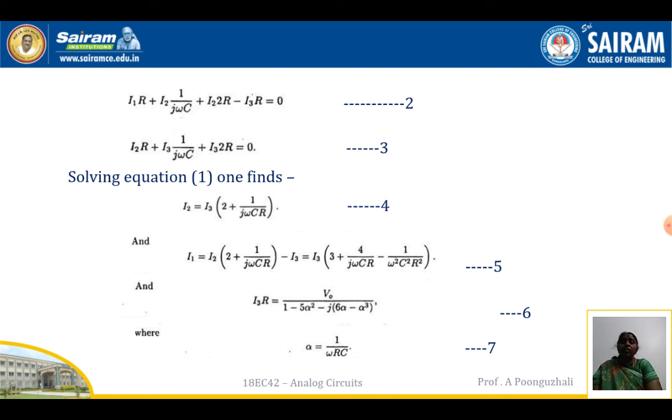Now if I solve these equations, we are going to have I2 is equal to I3 into 2 plus 1 by j omega CR, and I1 is equal to I2 into 2 plus 1 by j omega CR minus I3, that is I1 in terms of I3. So here I1 is equal to I3 into 3 plus 4 by j omega CR minus omega square C square R square, and I3R is equal to V naught by 1 minus 5 alpha square minus j into 6 alpha minus alpha cube, where alpha is 1 by omega RC.